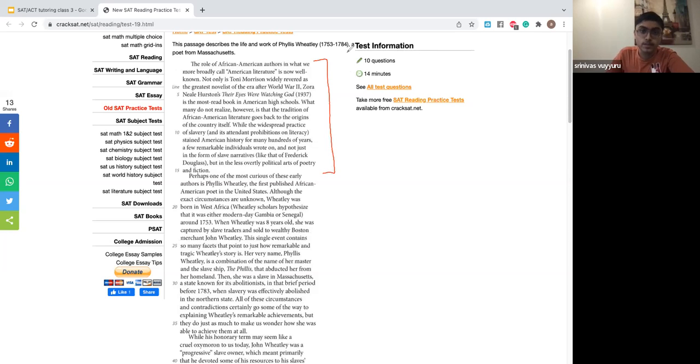So this paragraph is about how African American authors are very popular now, and the history of their writing dates back to the origins of the nation itself.